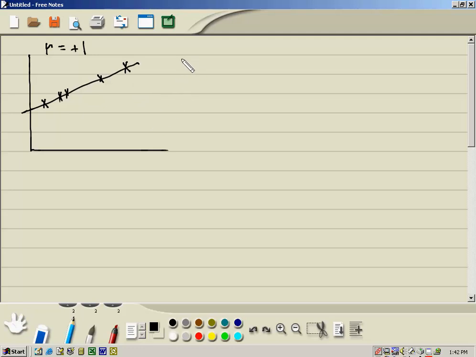Alright, so here we have what is called a perfect positive correlation. Okay, the slope of the sample regression line is positive.